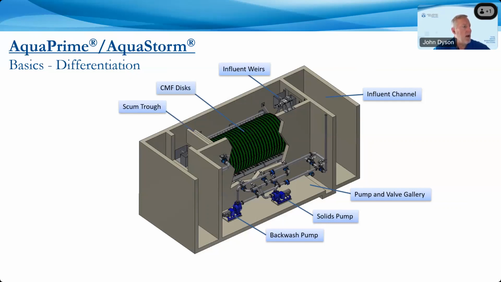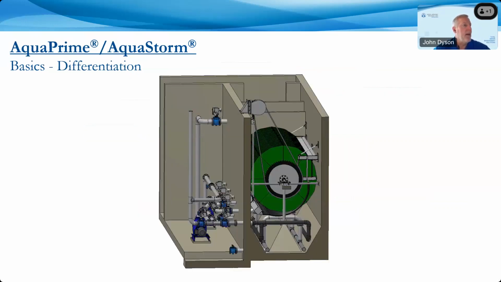We have a scum trough that's attached at the effluent end to collect scum and those floatables, fats, oils, and greases, then the effluent weir and effluent channel. I like to always show this kind of section view from influent to effluent because you can better see the scum trough in the background there, the drive mechanism that rotates the whole center tube assembly with the disc segments.